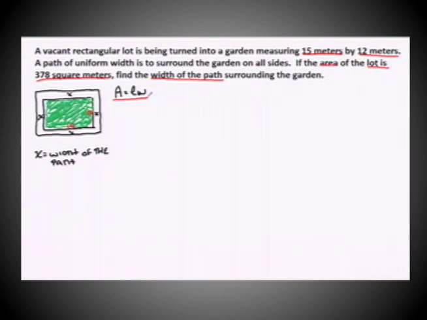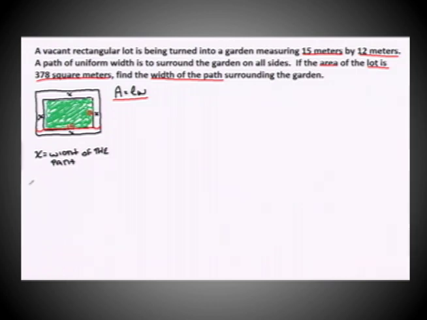So let's proceed with trying to talk about the length and the width of this lot in terms of x. Well, let's start with the length of 15. So we know that 15 goes the length of the garden. However, we have the pathway on either side to account for.